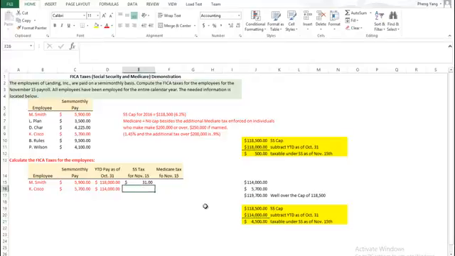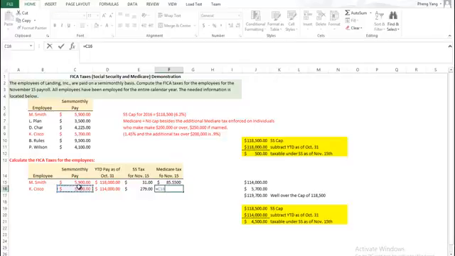So I'm going to take $4,500 times 6.2%. That's going to give me a Social Security tax liability of $279. My Medicare will be the entire amount at 1.45%. That does not change.